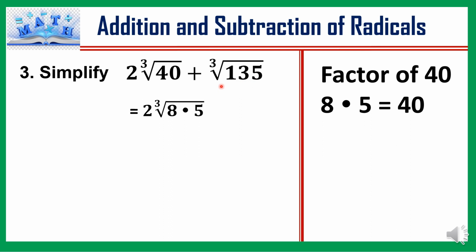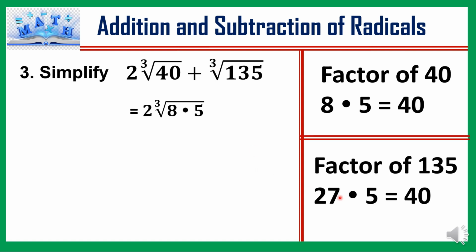Then, hanapin din natin ang factor ni 135 na kung saan yung isang pair ng number ng factor ay merong cube root. So, that is 27 times 5, kaya magiging ganito. So, plus cube root of 27 times 5. After finding the factor of those terms inside the radical symbol, lalabas na natin ngayon yung mga number na merong cube root, kagaya ng 8 at saka 27.